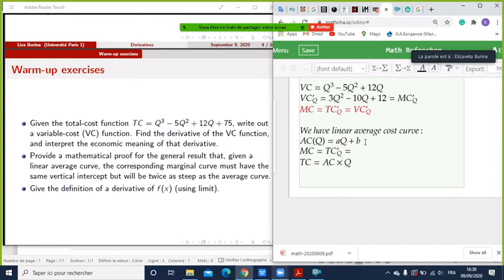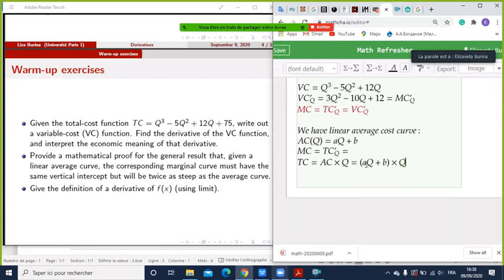Why? Because how do we get average? We get average by dividing the total by the quantity produced. So to get the other way around total, we have to multiply average by the quantity. So let's substitute this by this expression, and we're gonna get (AQ plus B) times Q.